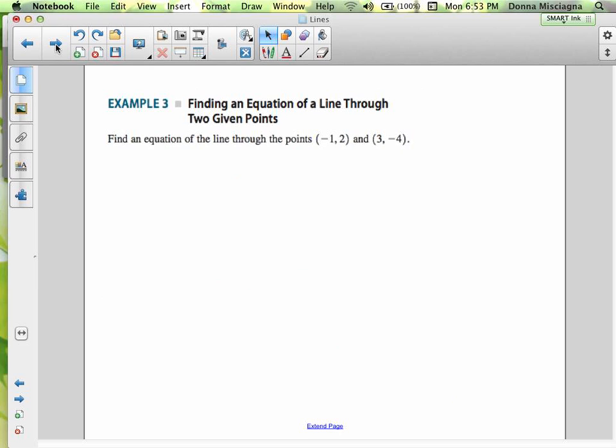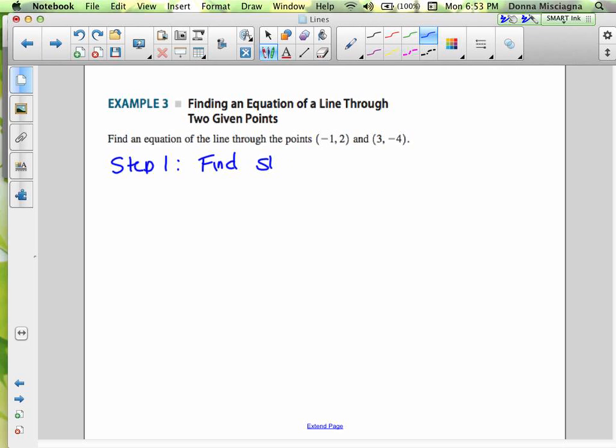Let's write another equation. This time we're not given the slope. If you're not given the slope first, well then step 1 is going to be find the slope. Right, so remember our slope is the difference in the y coordinates over the difference in the x coordinates.